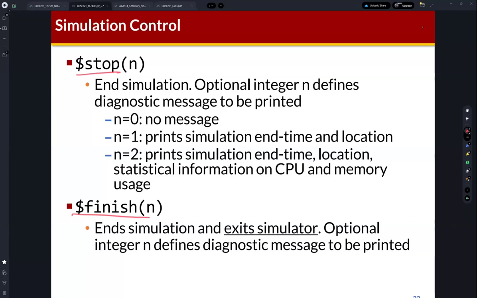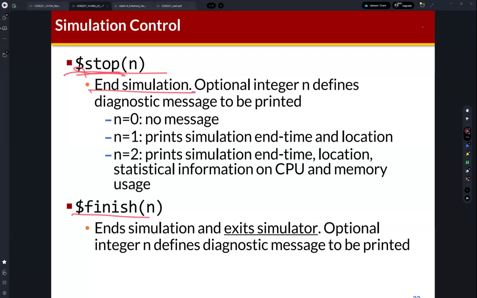If we do not define the stop or finish of our simulation, then the simulation will continue forever. We can use stop for stopping our simulation. So stop just ends the simulation.